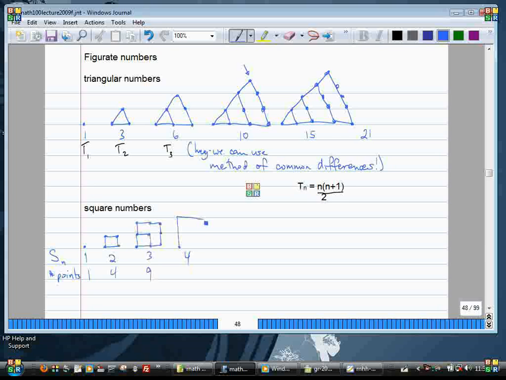Okay. So in fact, the way that this goes should be fairly obvious, because when we draw these squares, what do we actually just have? Yeah, it's just a square. So for example, in the 6th square, yeah, we're going to have 36, because how are the dots arranged? They're in a square, so we have 6 rows of 6.